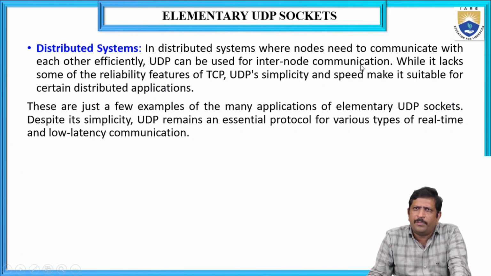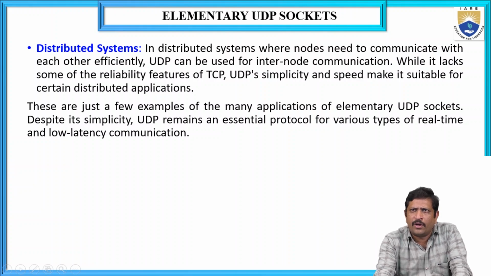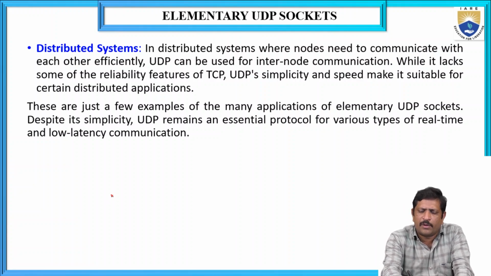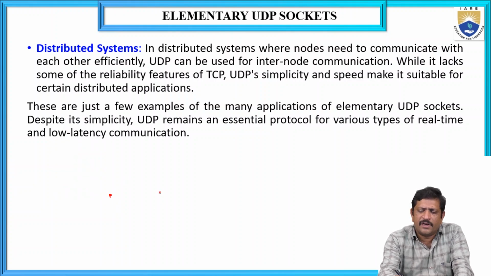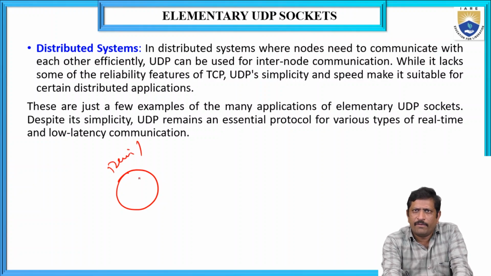There are generally two types of this communication, inter-node and intra-node. Intra-node means within the system, within the device. Suppose there is device 1; within this node, device 1 acts as a node.